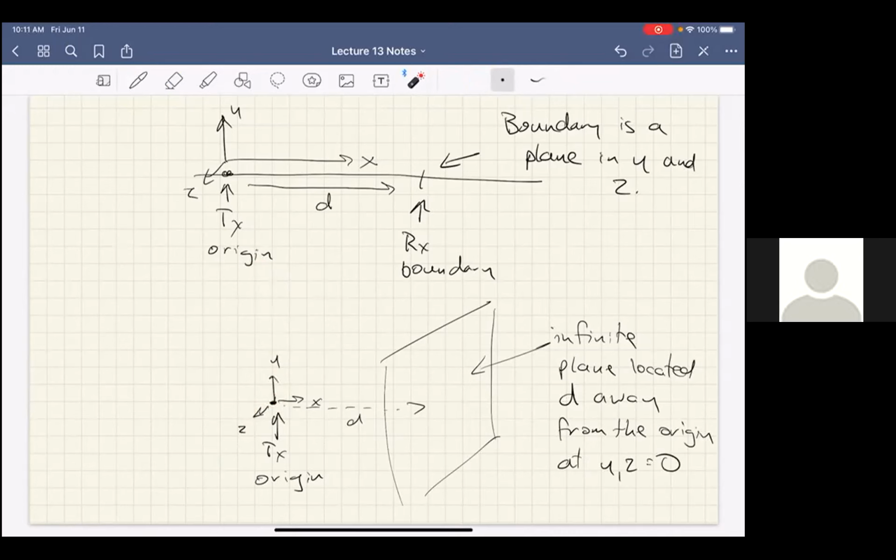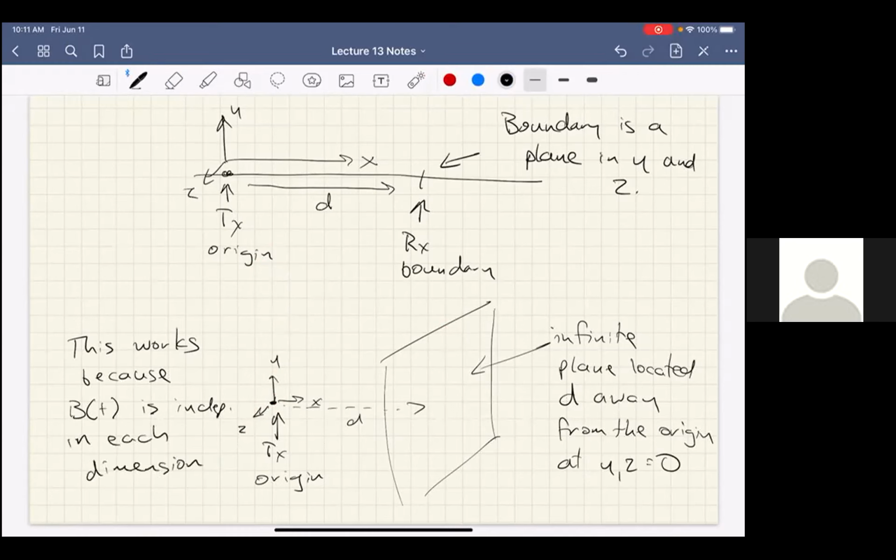So the reason why this works is because the Brownian motion is independent in each dimension. So in other words, the Brownian motion in the y and the z direction is independent of the x direction.